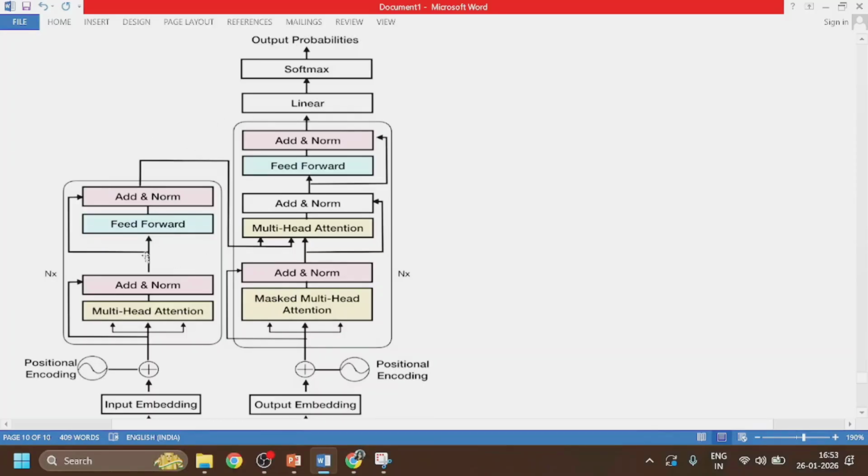The encoder, which I already explained multiple times, reads and understands the entire input sentence. The decoder generates the output sentence, and it does this one word at a time. This is how translation and text generation happen.